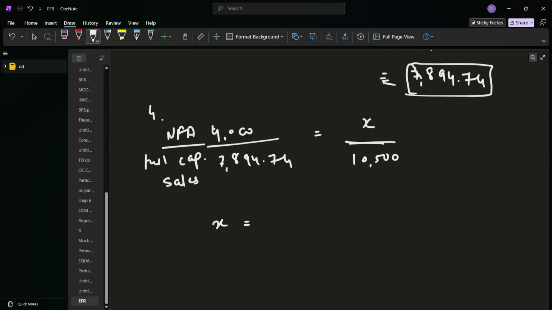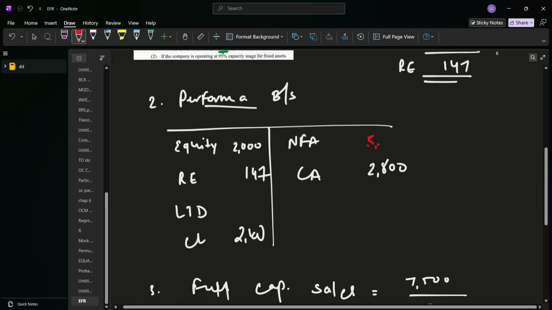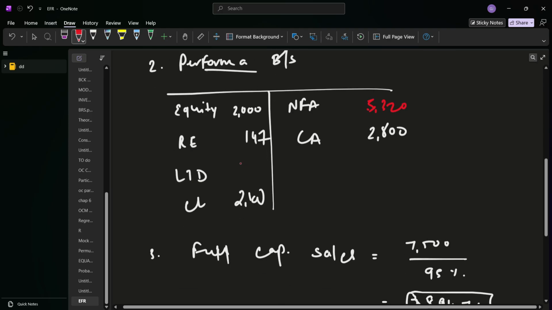So 10,500 into 4,000 divided by 7,894.74, which is 5319.99, or you can say approximately 5,320. So let's input this here, okay? 5,320 is my needed investment.